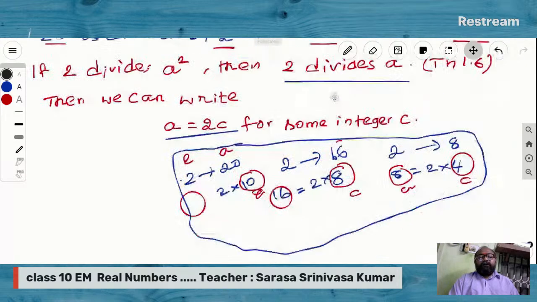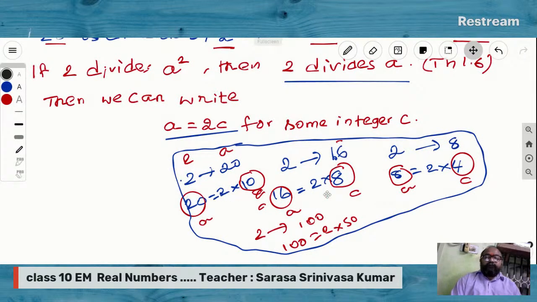From this we can write a equal to 2c. To understand this concept, we have considered several examples. If 2 divides 20, then 20 can be written as 2 multiplied by 10. If 2 divides 16, we can write 16 equal to 2 multiplied by 8.